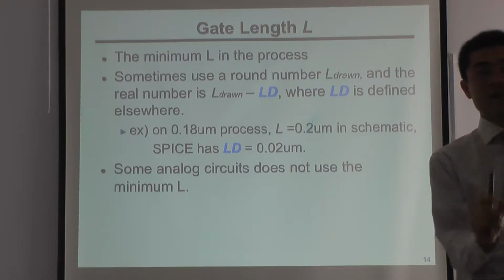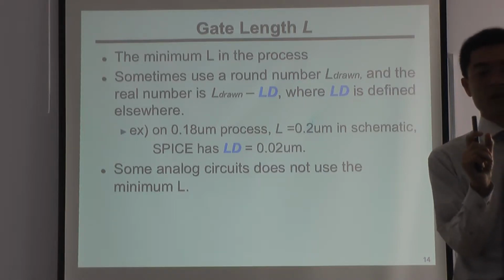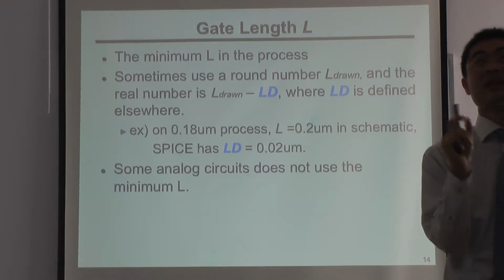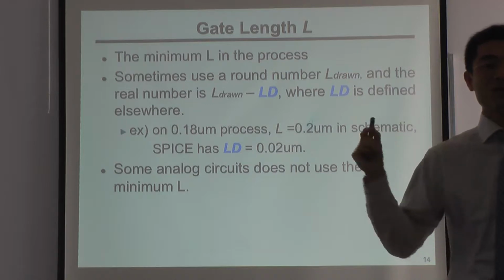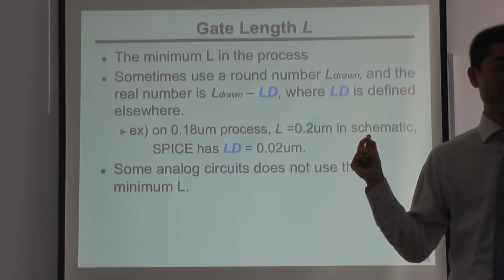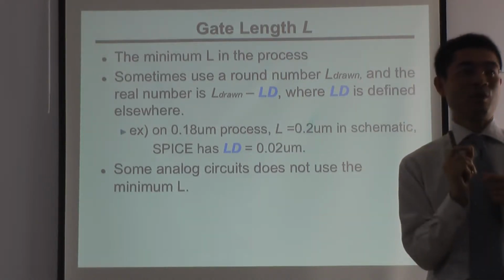But on the layout we want to use a grid, and if we use a 0.1 micron grid, we cannot draw the polygon at 0.18 microns. So in this case, we sometimes use L as 0.2.